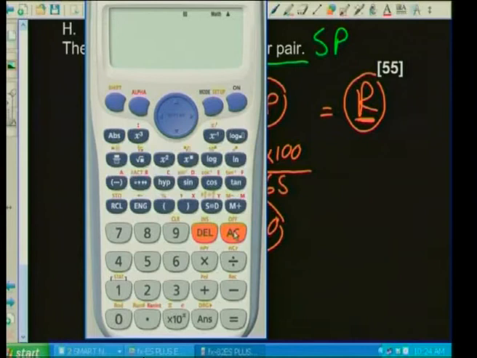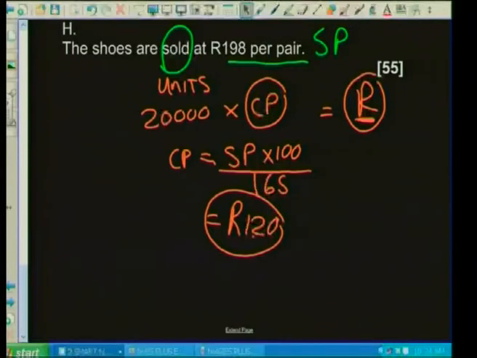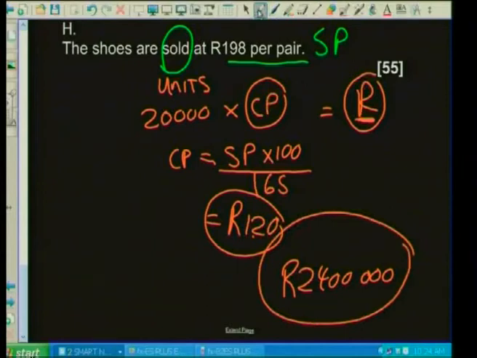So let's just clear that. 20,000 times cost price, 120 Rand, to give us a total of 2,400,000. Okay, so let's just write that down. We're getting an amount of 2,400,000. And remember, guys, this is my total cost of finished goods.